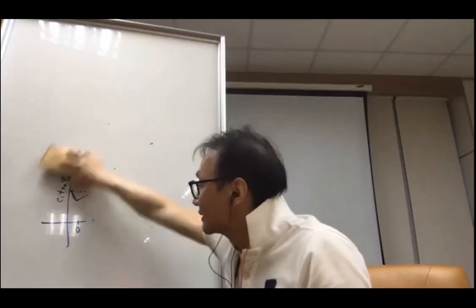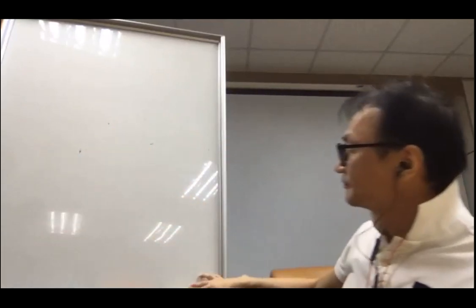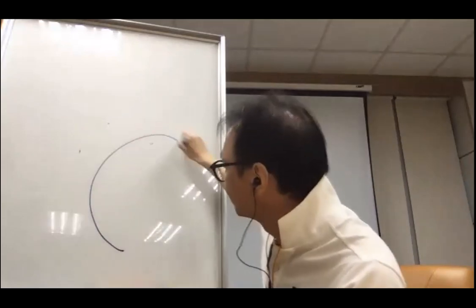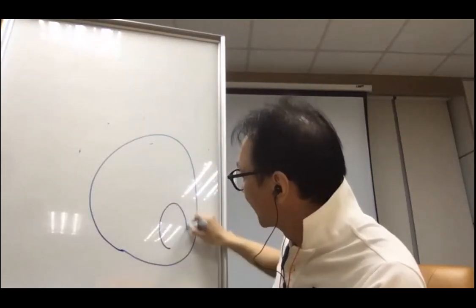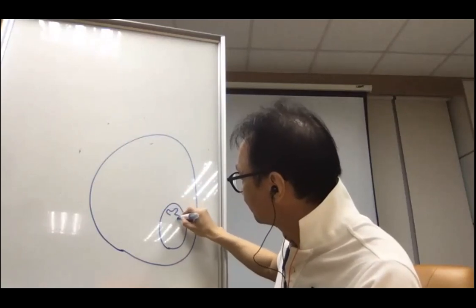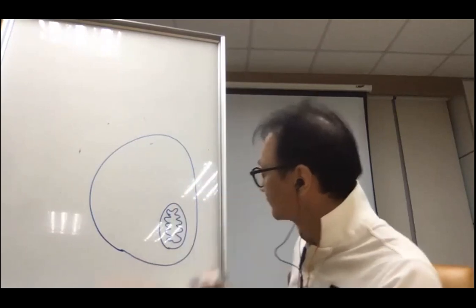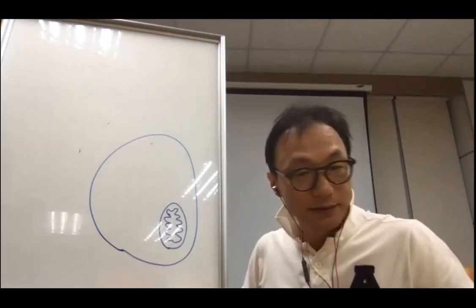Then let's come back to the metabolism. So you have a cell right here, and you have mitochondria right here. This is the mitochondria.